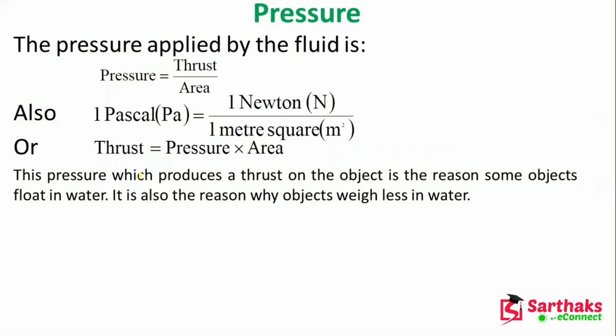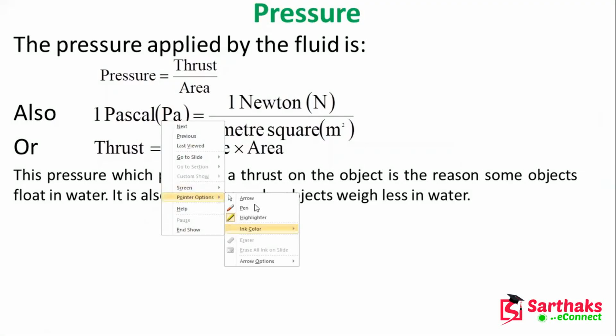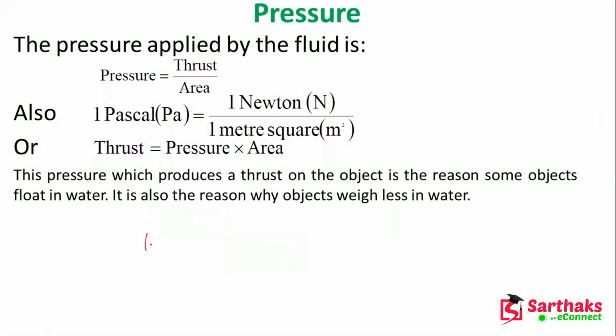Now the pressure is the thrust divided by area. That means per unit surface area, how much thrust has been applied, that is the pressure. So if you represent the pressure unit as a Pascal, we can define the Pascal in such a way that we have the surface area, let me take the pen, we have the surface area 1 meter square.